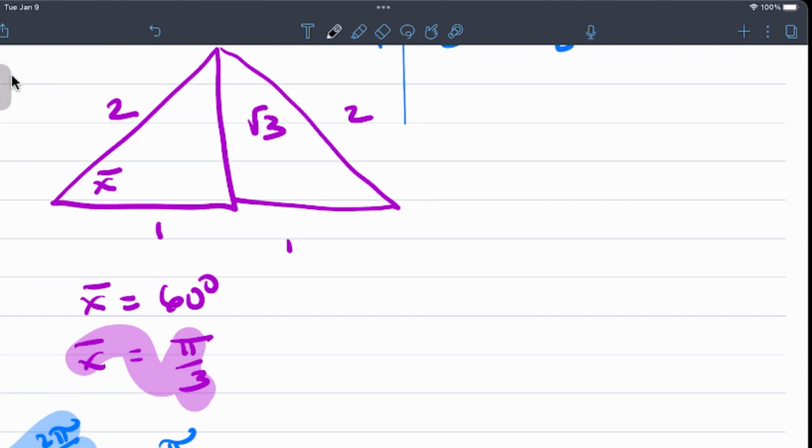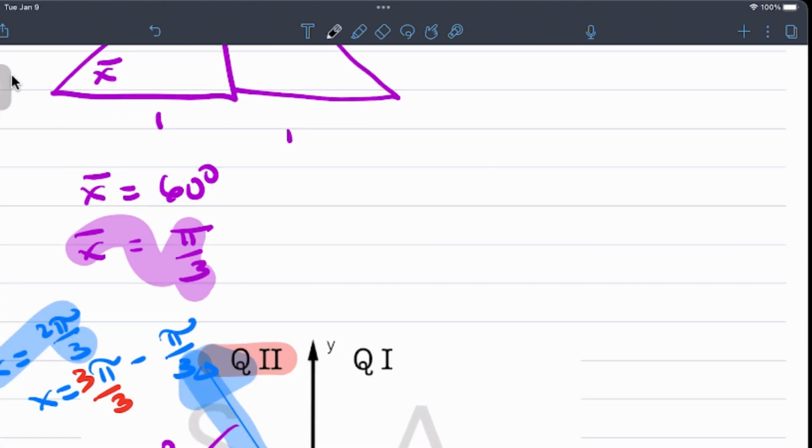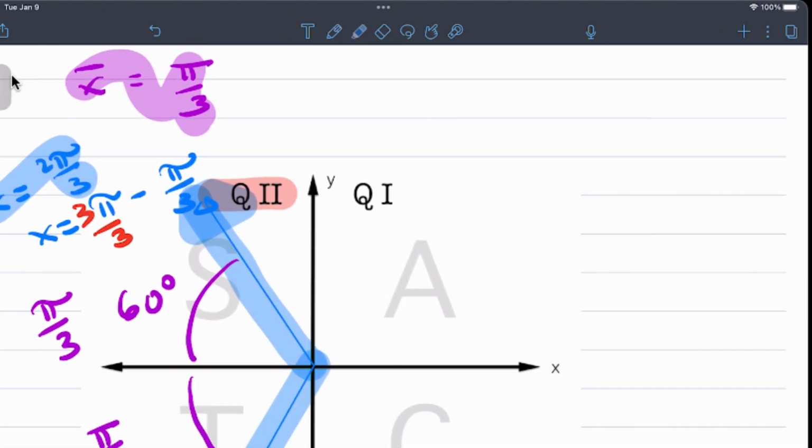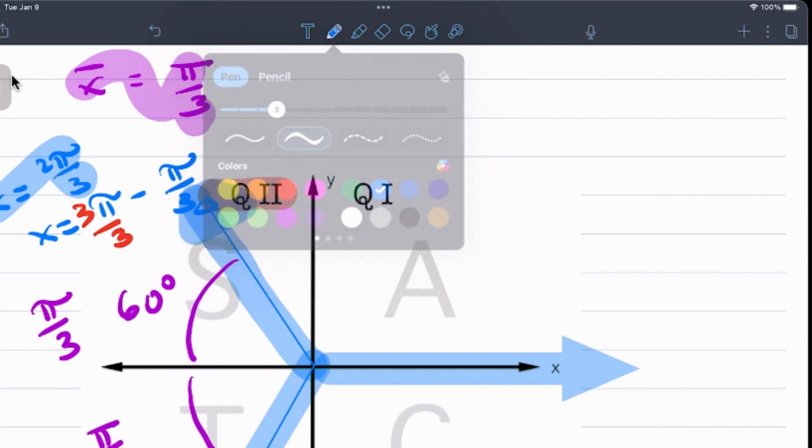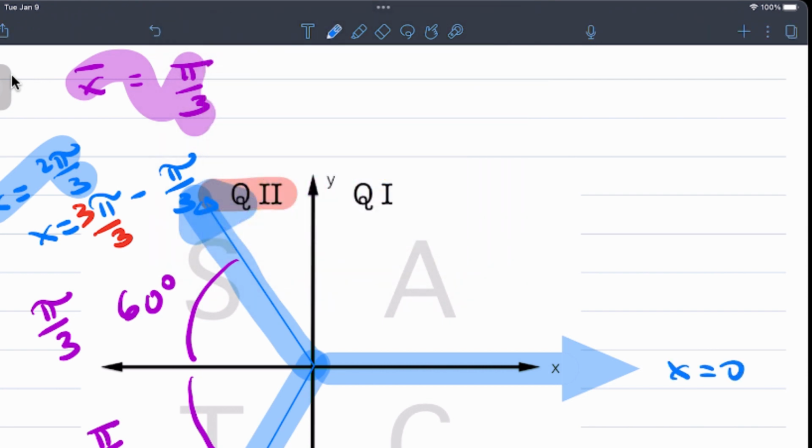And go back for cosine. What was cosine 1 here? 0 and 2 pi? So you say, what about the cosine 0 and 2 pi? Well, both are solutions, right? X is 0. X is 2 pi. So what can we do? You could take the 0 solution, and you can add 2n pi. Is that true?